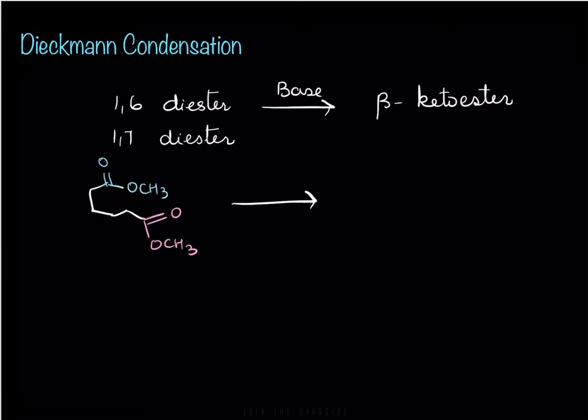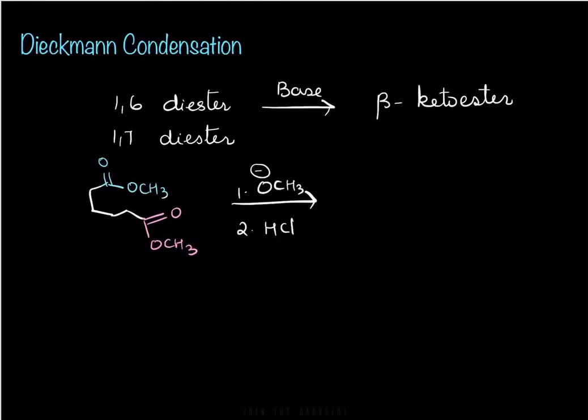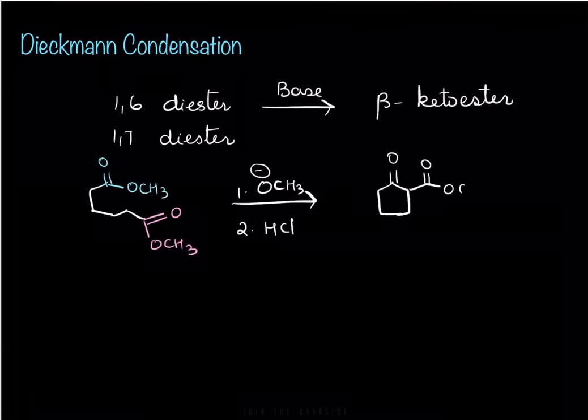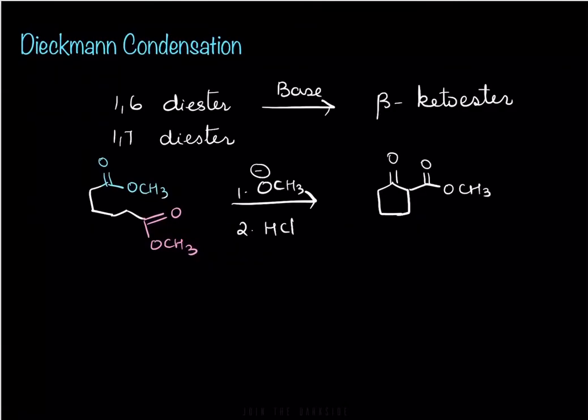When it is reacted in the presence of a base, followed by reaction with the acid, it's going to form a beta keto ester. And here in this case, it's going to form a 5-membered ring structure. Why is this a beta keto ester? You have the ester group, and the keto group is in the beta position with respect to the ester.